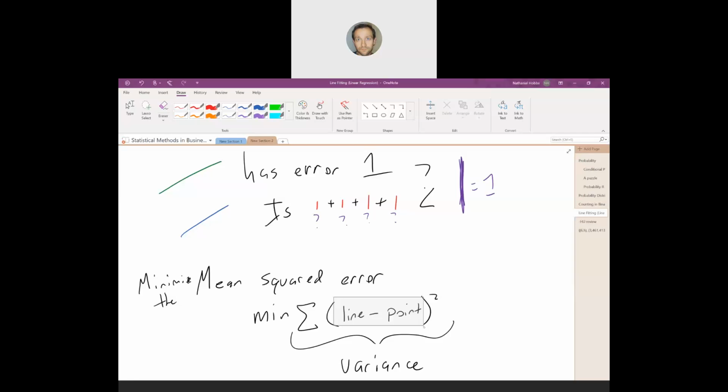That's the error. You square this for reasons that I'll get into. And for every single point, you calculate the error. You add all of the errors up.